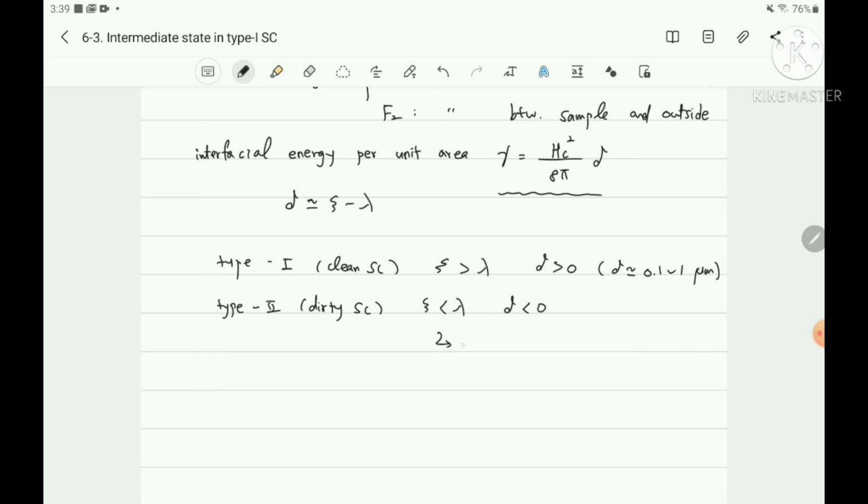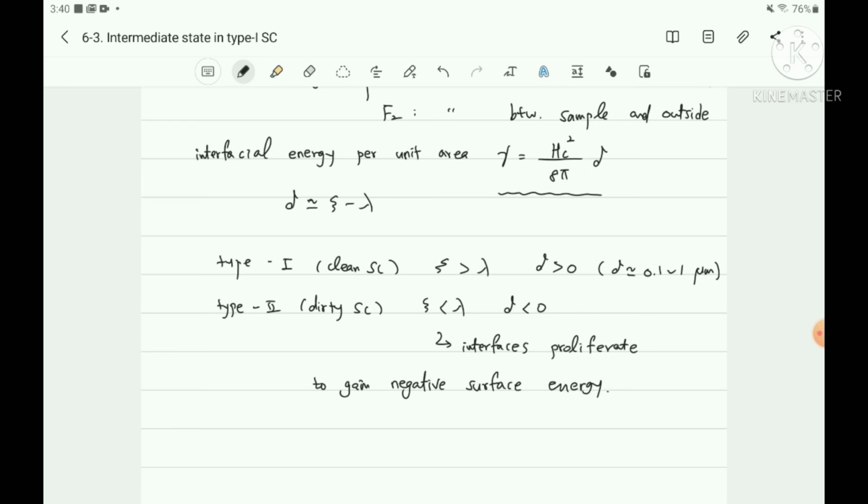Therefore in this case interfaces proliferate to gain negative surface energy, and therefore in a type 2 superconductor we have the vortex. A vortex is a quantized magnetic field, and in order to have many surfaces between the normal state and the superconducting domains, the magnetic field is divided by the magnetic flux quantum.